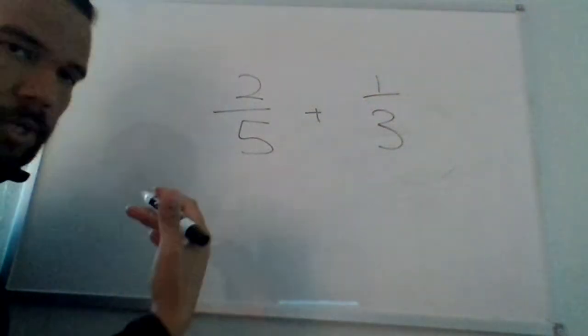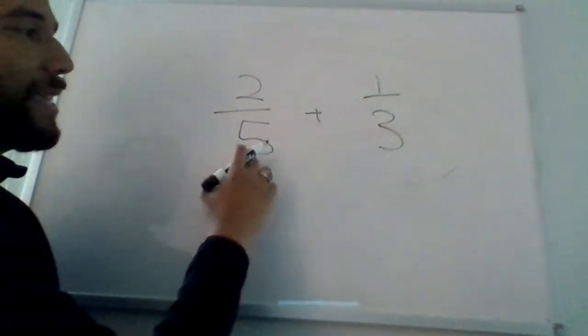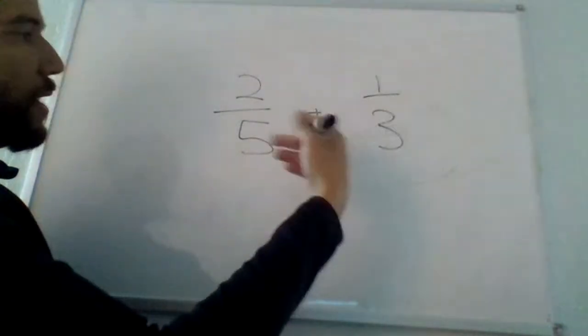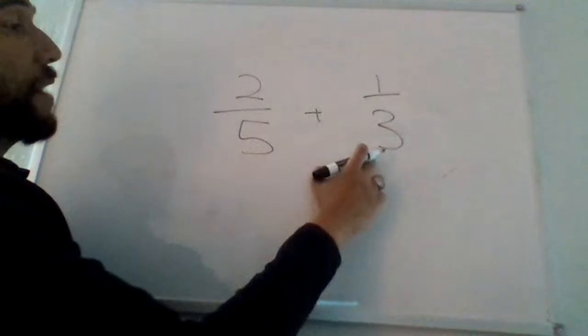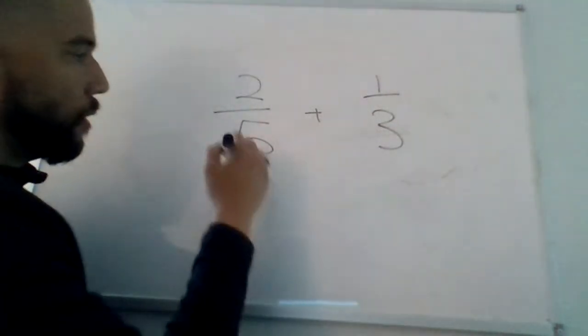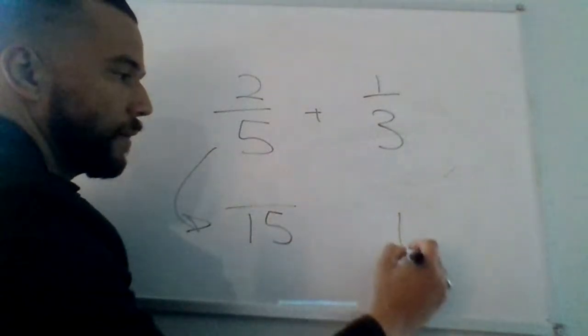Okay. So to make these the same, this is me using the standard algorithm, the butterfly method, just memorizing steps. I'm going to say, well, I know that 5 times 3 equals 15, and 3 times 5 equals 15. So this fraction is going to become out of 15.